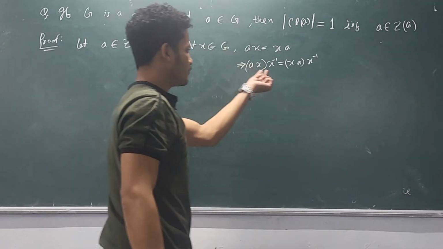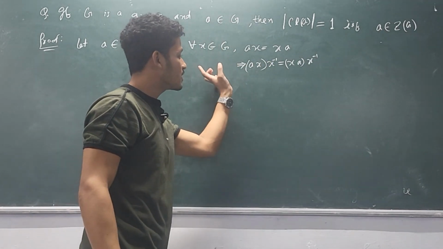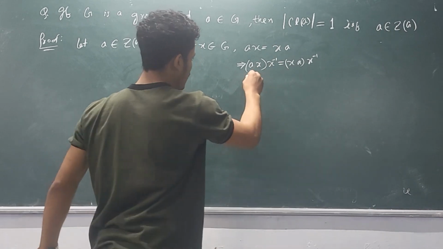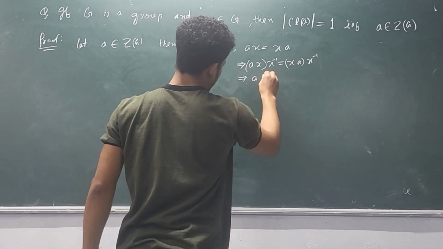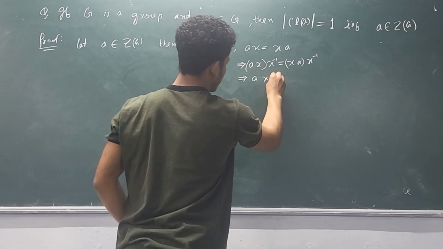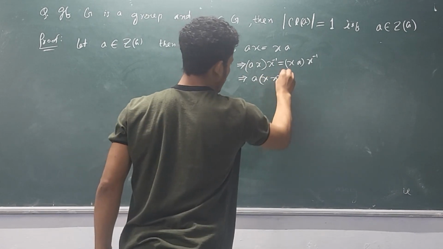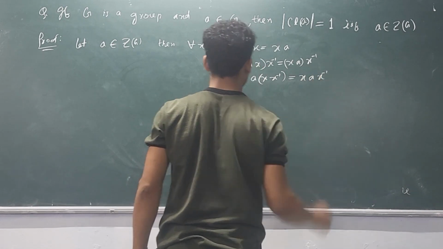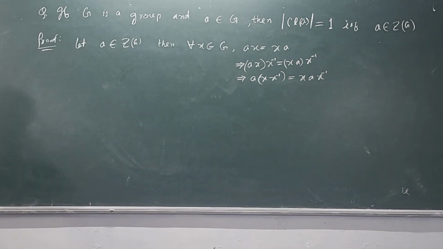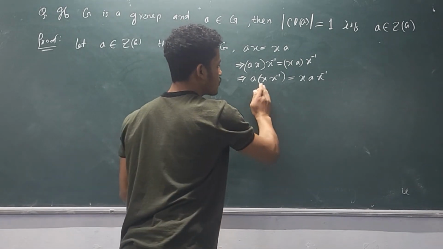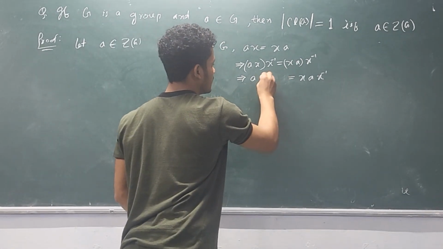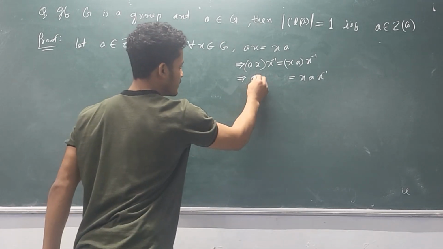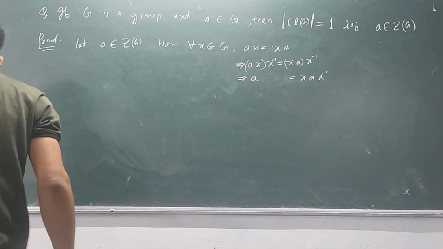If X belongs to G, X inverse also belongs to G, so we can multiply. This is right multiplication by X inverse. So it will become A times X X inverse, which is equal to XAX inverse. And what is X X inverse? It is equal to the identity E, so the left side is simply A. That means A is equal to XAX inverse.